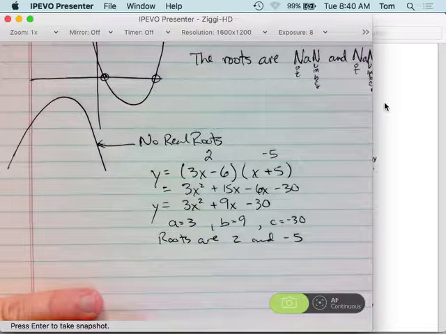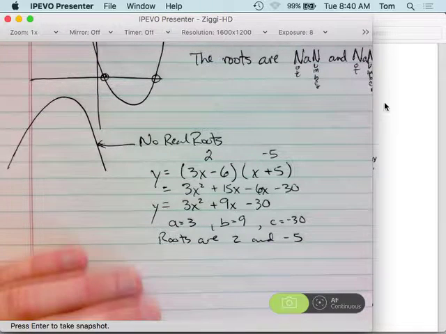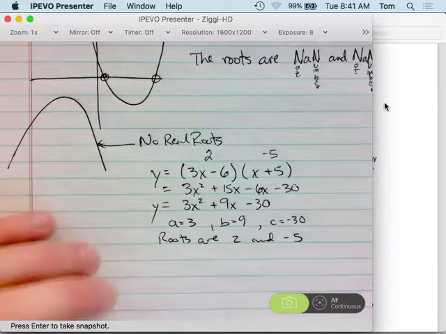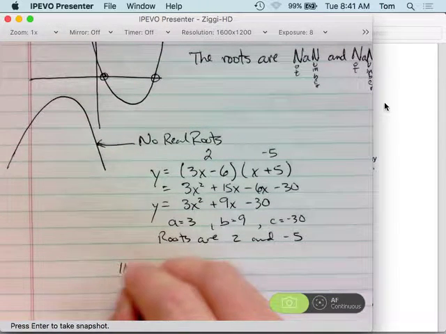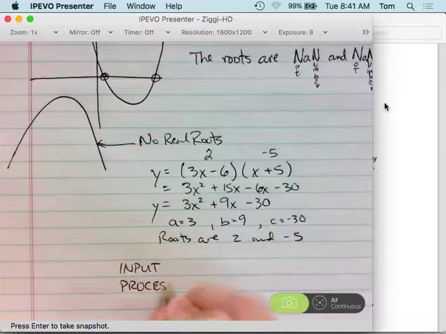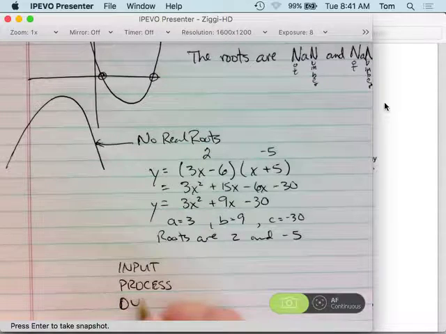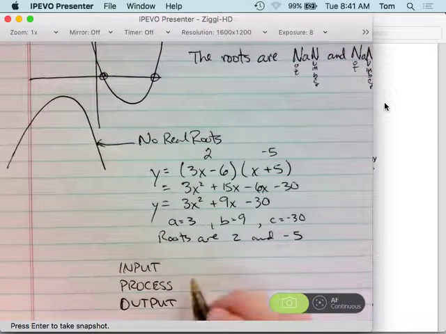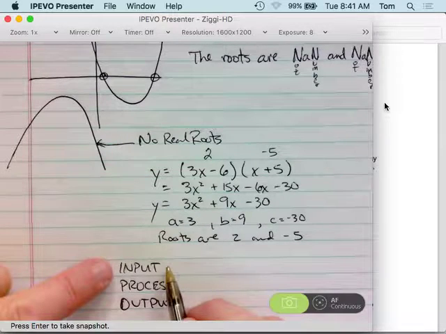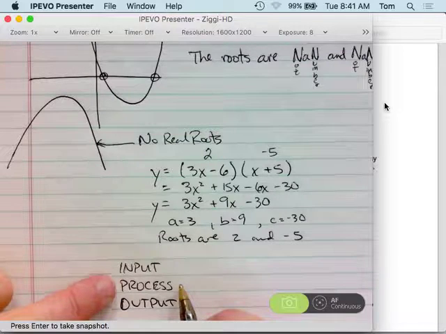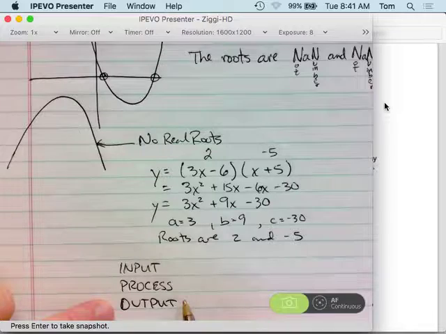Okay, so I'm trying to give you numbers that you can plug in to check your work. And again, the whole idea is when I get input and process it, am I getting good output? Input 3, 9, negative 30. If I wrote my equation correctly in Java, I should get the output 2 and negative 5.